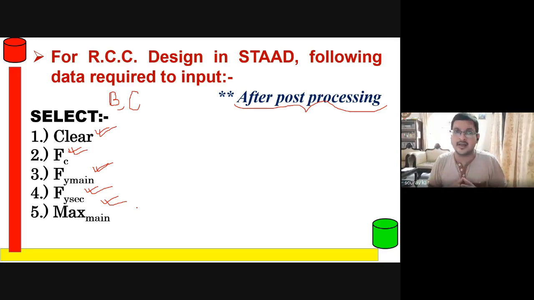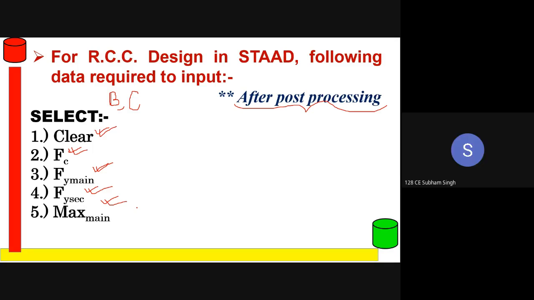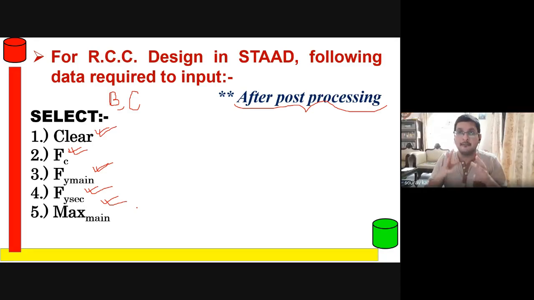Are you all able to understand what I am discussing? The most important segment of RCC design. So max main is the maximum diameter of main reinforcement. That means we have an upper range and a lower range. I am giving StatPro the option of upper range and lower range.